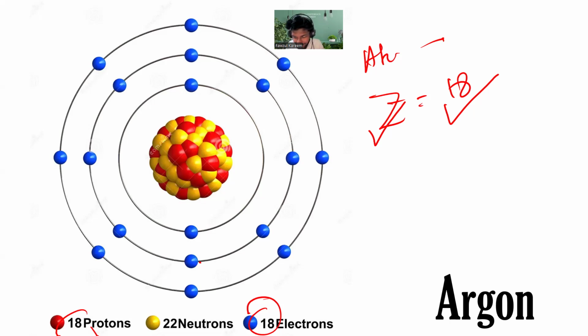No. Same like that, chlorine has 17 protons and there is no other element having the same number of protons. If they have 18, that is argon. If they have 17, that is chlorine. Chlorine and argon cannot have the same number of protons because they are different atoms, so they must have different numbers of protons. That is called unique.